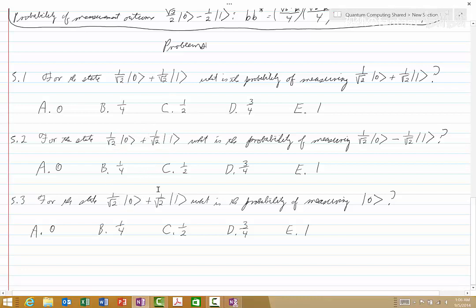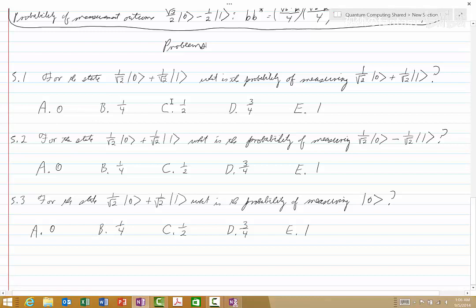The only way in which these problems differ is the following. In the first one, you're asked, what is the probability of measuring that state as 1 over square root of 2, 0 plus 1 over square root of 2, 1? What is the probability of measuring it as 1 over square root of 2, 0 minus 1 over square root of 2, 1? And what is the probability of measuring it as the 0 ket?